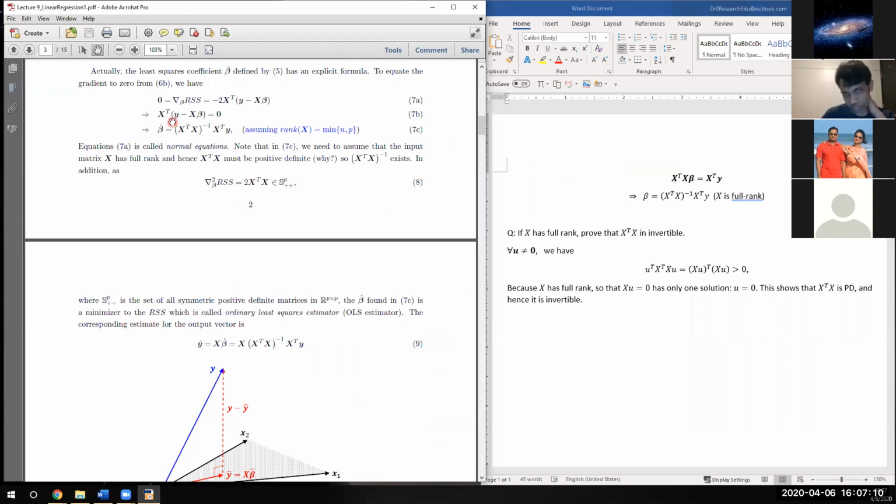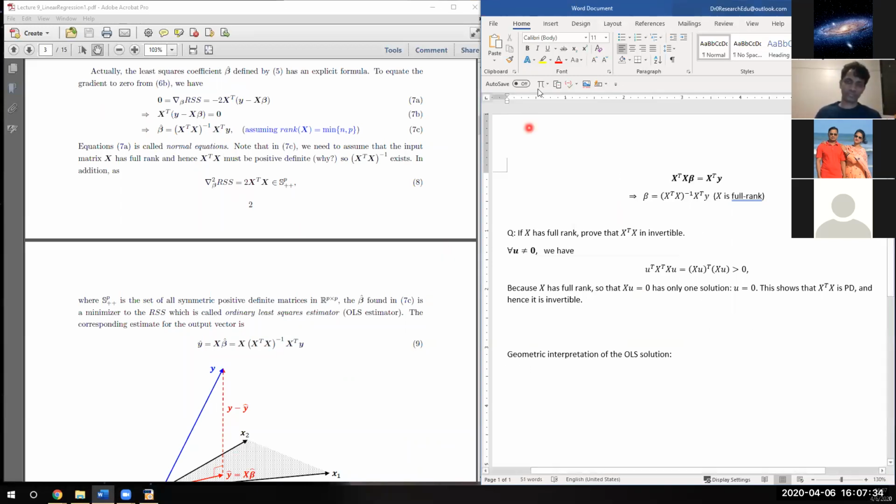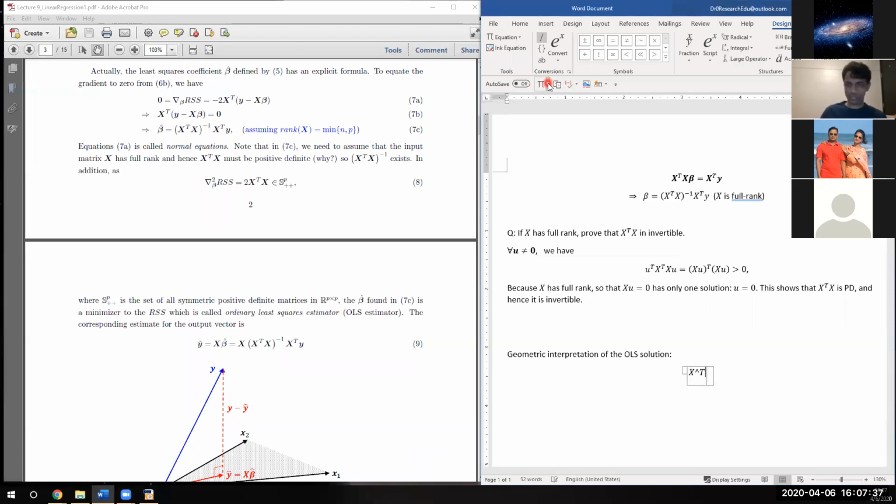First of all, from this one, what do we have? Another thing is the geometric interpretation of the OLS solution. From this, X transpose (y minus X beta) equals 0.